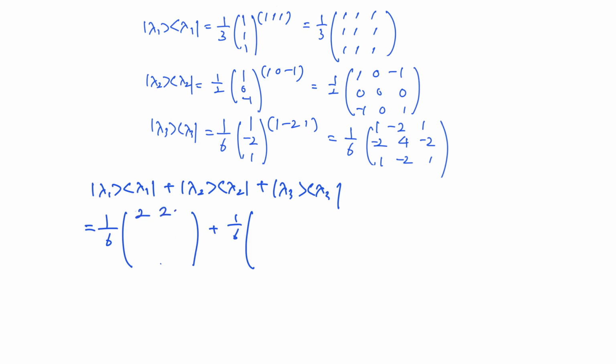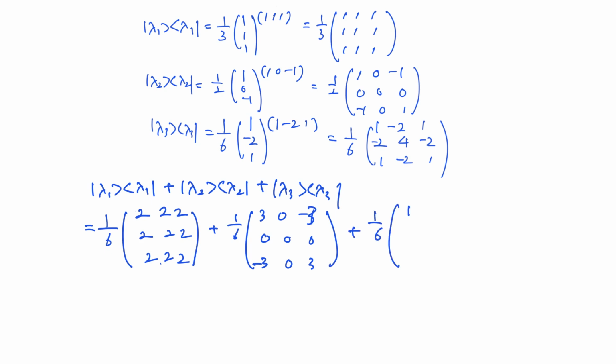So 1 over 6 times the matrix of 2s, plus 1 over 6 times 3, 0, minus 3, 0, 0, 0, minus 3, 0, 3, plus 1 over 6 times 1, minus 2, 1, minus 2, 4, minus 2, 1, minus 2, 1.